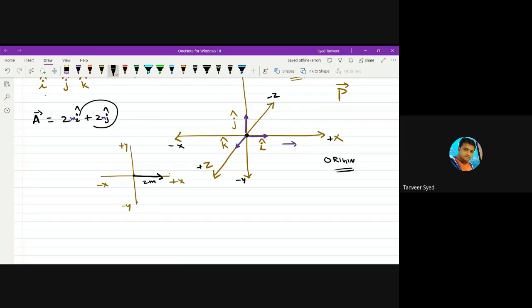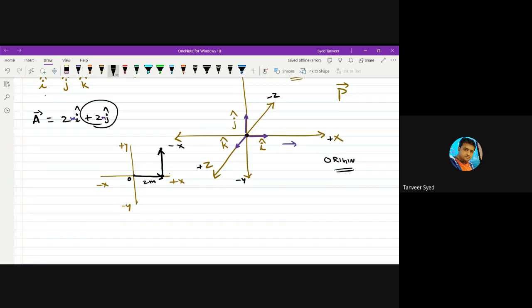Then what does this convey? Plus 2 meter j, plus 2 meter along j direction. From here, not from origin again. From here, you should go 2 meter along y direction, j cap direction, which is this. And you end up here.